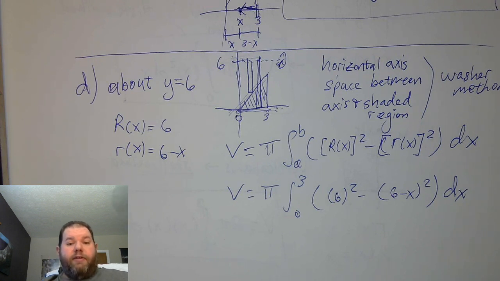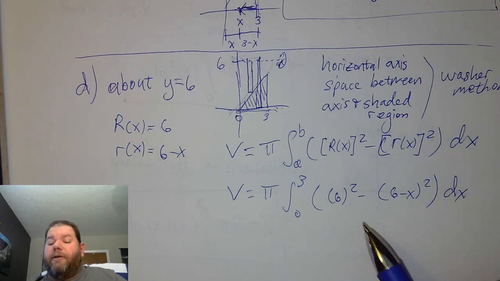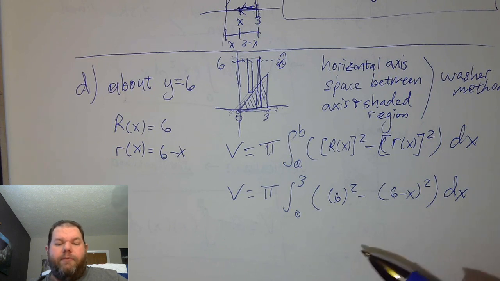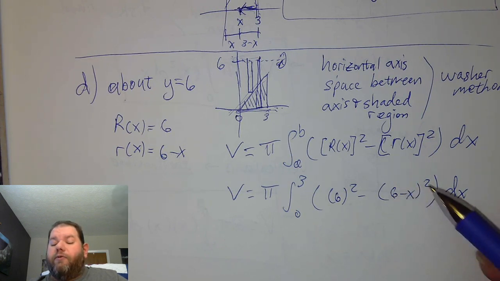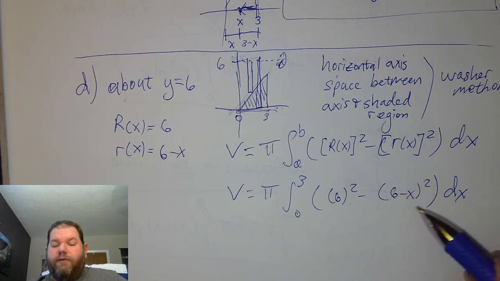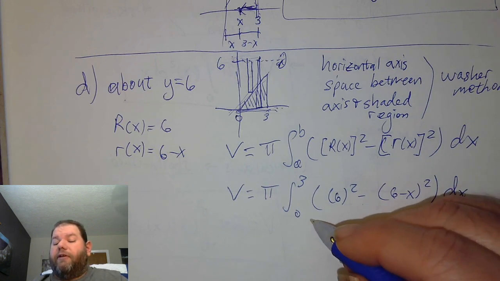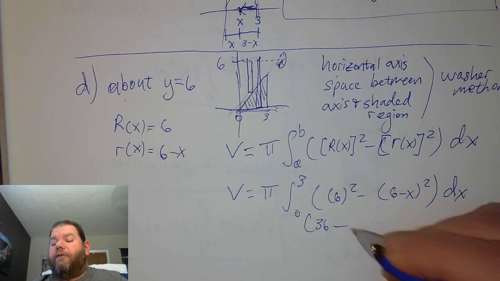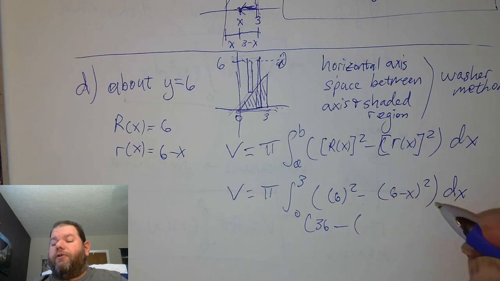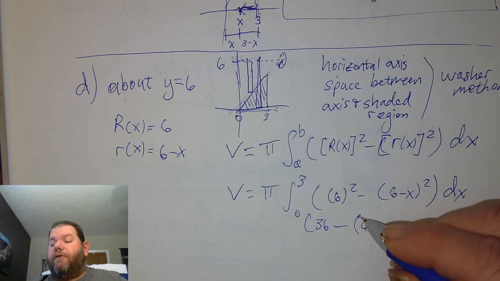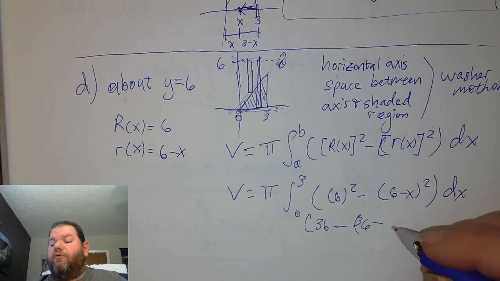What would be different in this case is we have to be careful about the arithmetic or the algebra here. We'd want to go ahead and square this expression first in our order of operations, but then this minus sign would then distribute to each of those terms. So we want to be very careful. Like in this case, if we square this binomial, we get 36 minus 12x plus x squared.